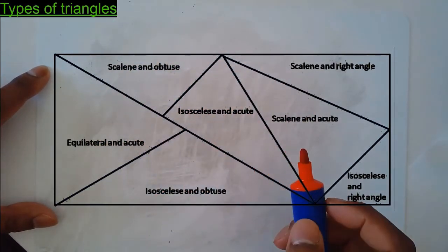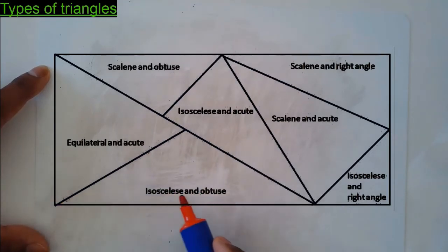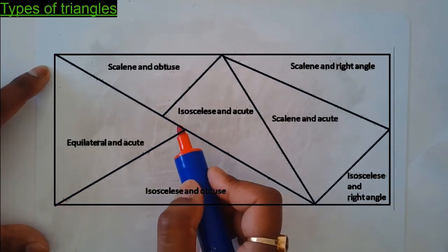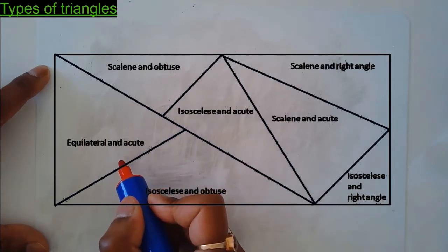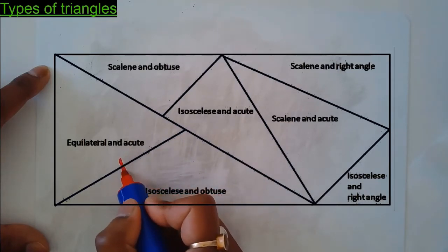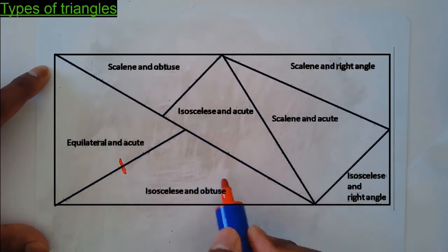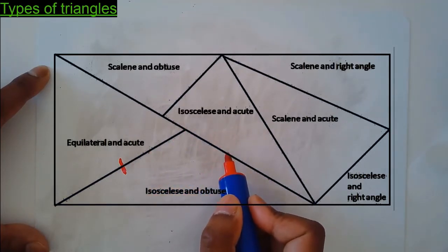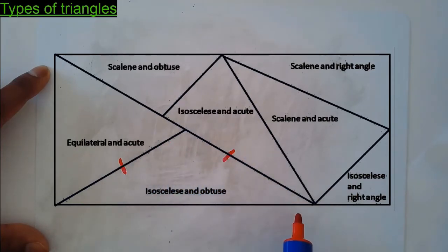Right, let's try another one. Let's go for this one. This one here, we have an isosceles obtuse triangle. It's isosceles because two of the sides are matching. So this side matches this side, and we can indicate that by putting these marks. So these two sides are the same.